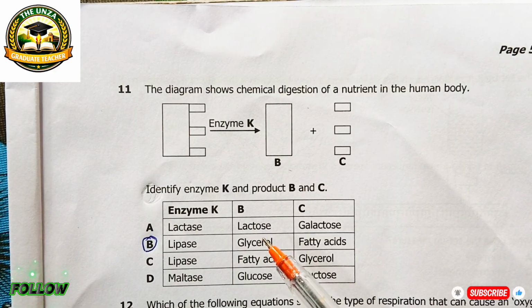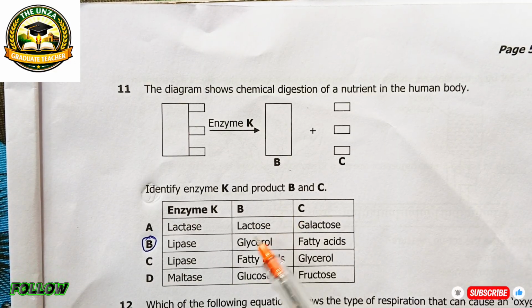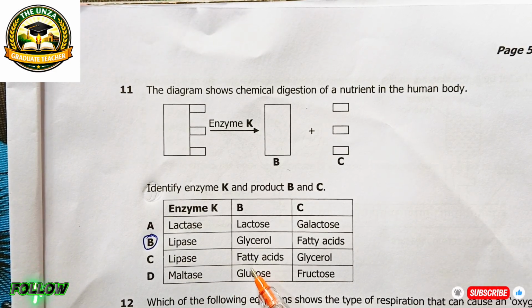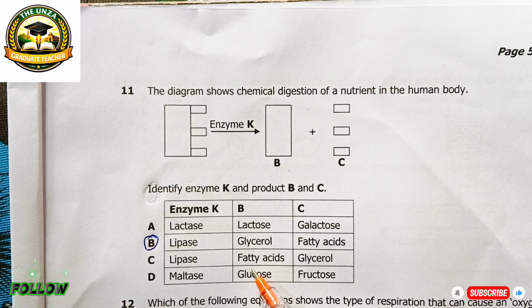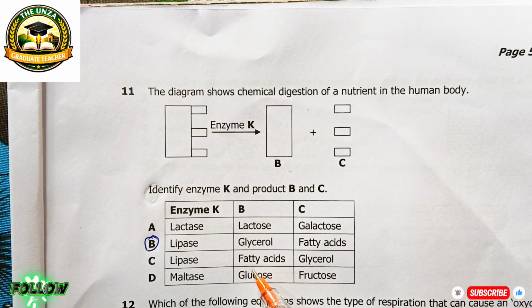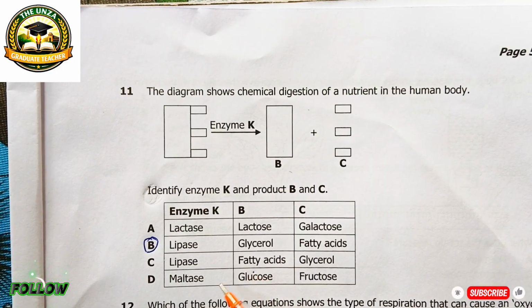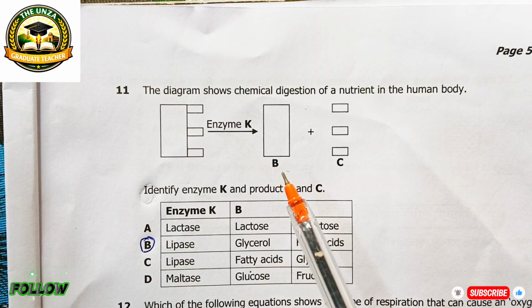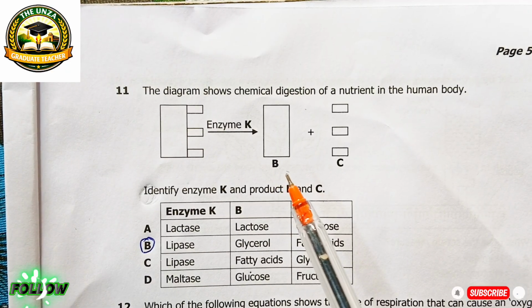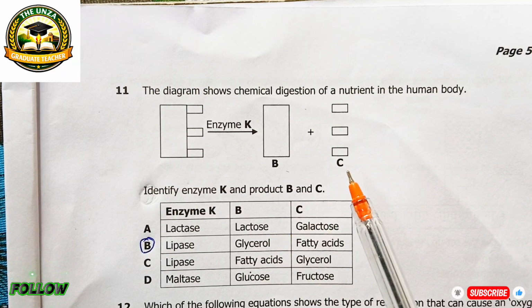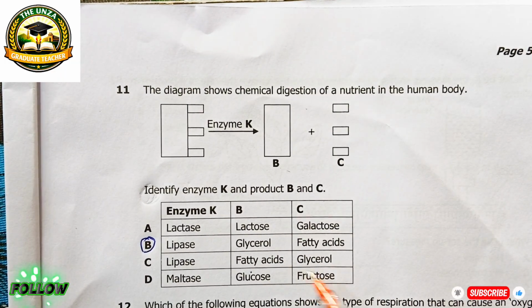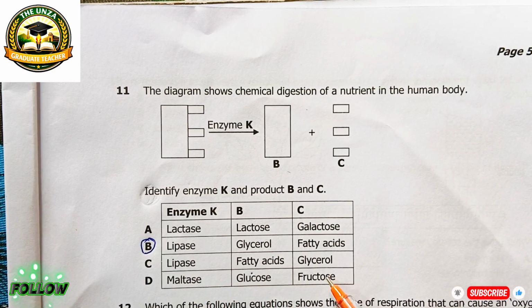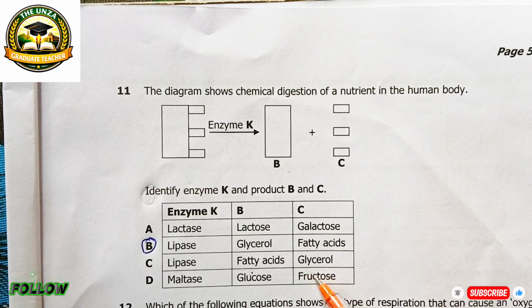So this one is not correct. Then D, maltase breaks maltose into glucose only, not fructose. So it's not this one.